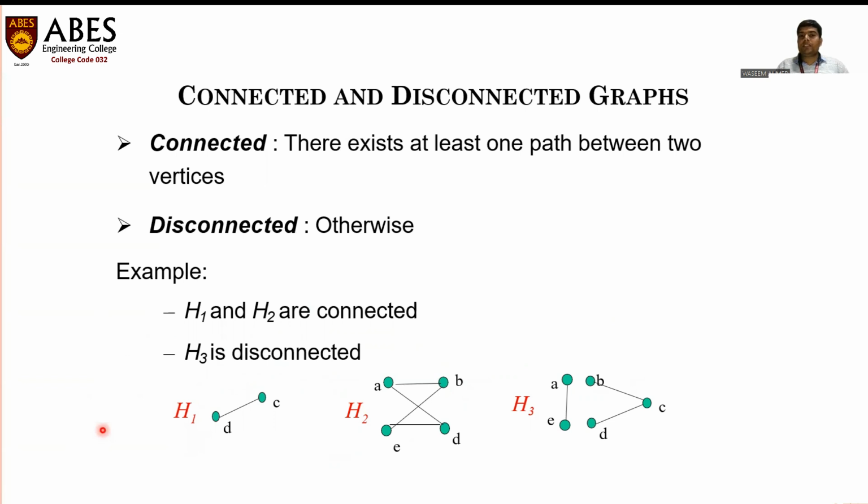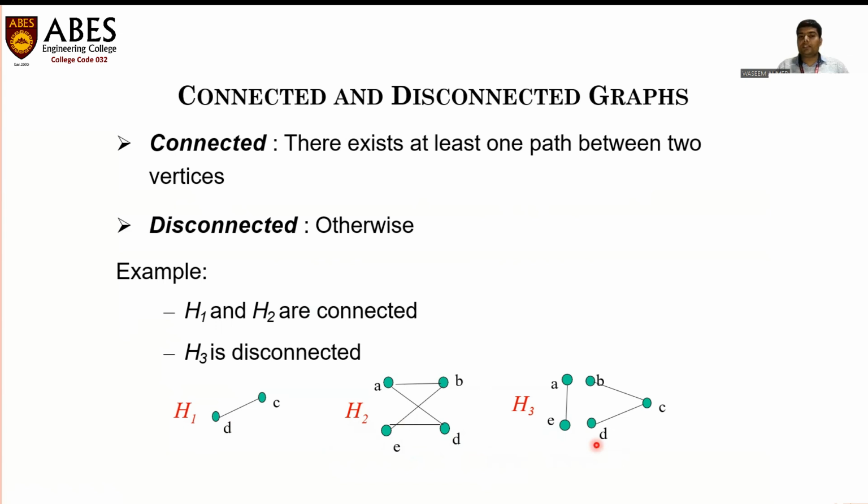Connected graph: if there exists at least one path between any two vertices, we call it a connected graph. Otherwise, we call it a disconnected graph. In this example, there are three subgraphs of the given graph G from the previous diagram: H1, H2, and H3. H1 and H2 are connected and H3 is not connected.